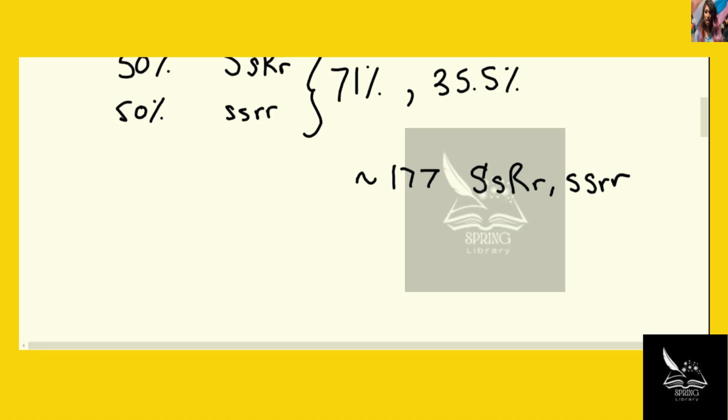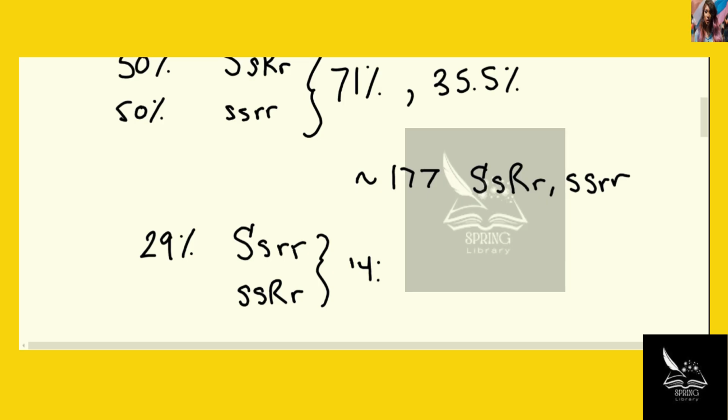Okay, and so that leaves 29% that will be the other two, the recombinated ones. So that's when we have heterozygous in one, but not the other. It's also 14.5% each.